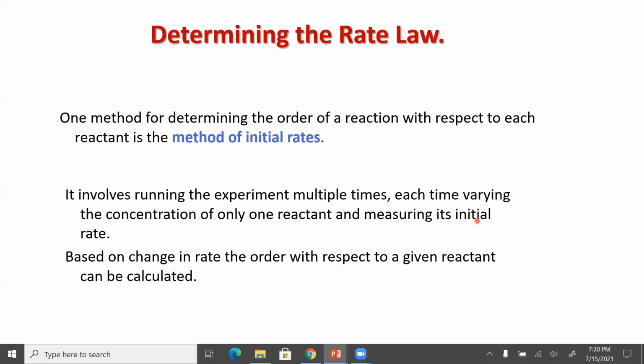Then based on how the change in concentration affects the rate, we can figure out what order the reactants are. The only way we can come up with a rate law, the only way we can figure out the order of each reactant in a reaction, is by doing an experiment. It doesn't come from the stoichiometry.